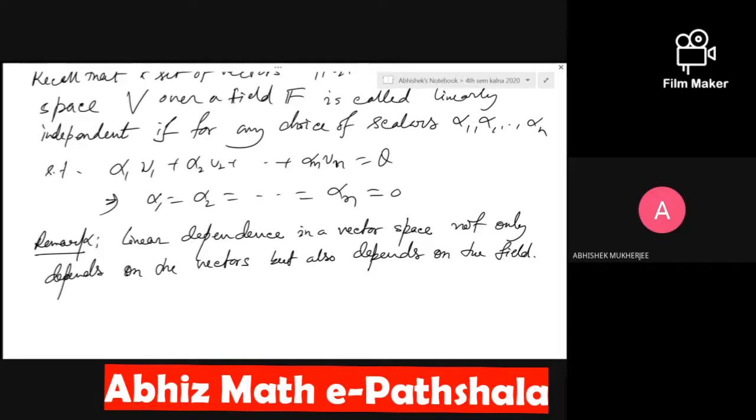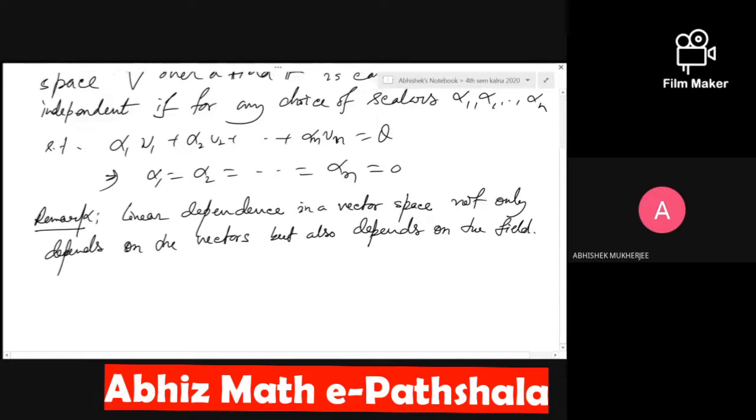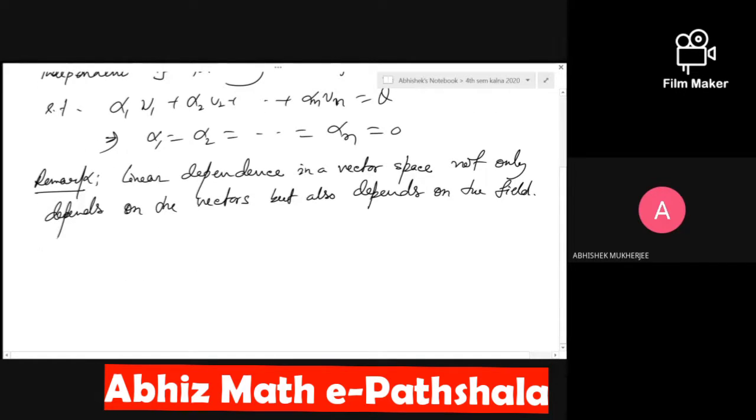For instance, if we consider the set of all complex numbers, suppose we consider V equal to C, over two fields.